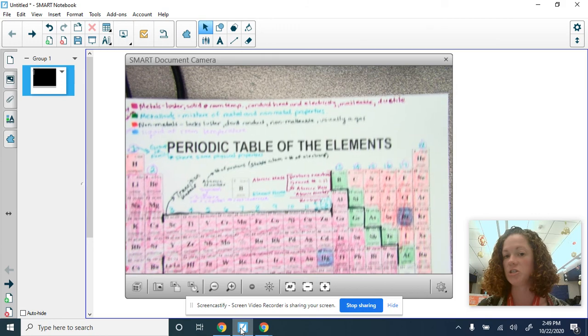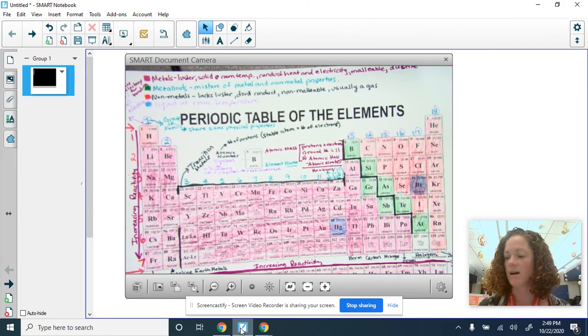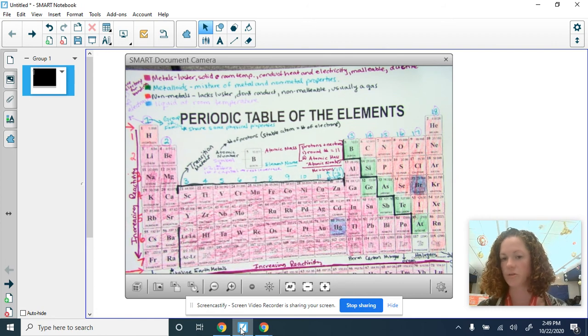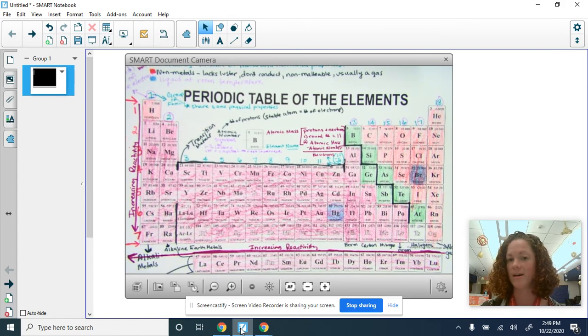So if you're a gymnast or a dancer, a metal might be a good option for you. So there are lots of different ways that you can relate your properties, your personality, to an element on the periodic table. You need to find 5 ways that you relate to any one of these elements. And of course, I'm here to help you if you need the help, but I do want you to try to do it on your own.